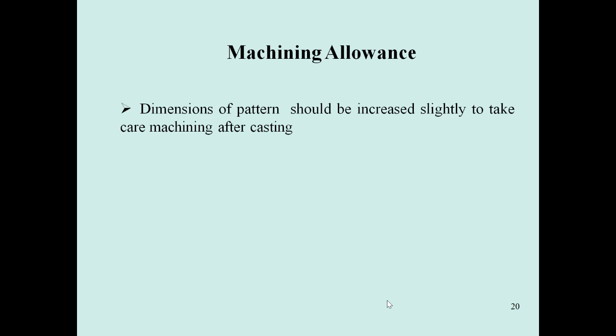Next one is machining allowance. Dimensions of the pattern should be increased slightly to take care of machining after casting. So it is a positive allowance.